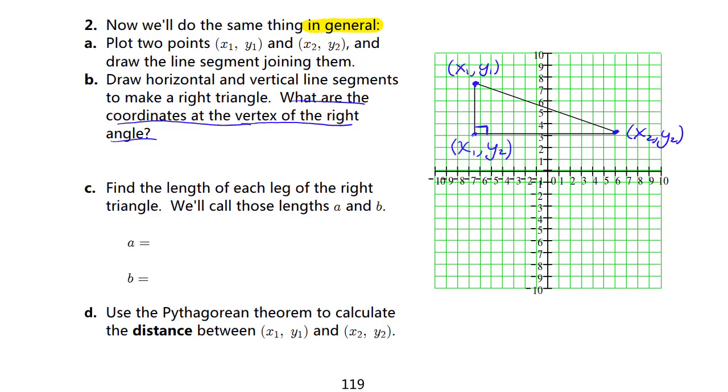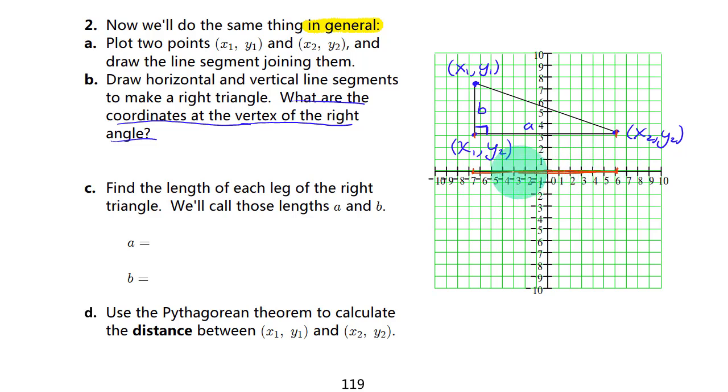Now let's find the legs A and B. I'm going to let B be the vertical one and A be the horizontal one. It doesn't really matter which is which, though. So if you want to know how long this is, how long is A? Well, just like we did before, that distance is the same as if you find that distance along the x-axis.